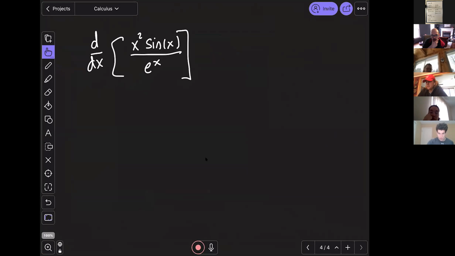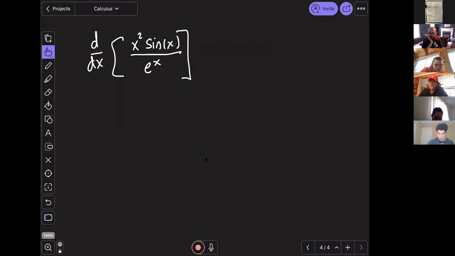And so let's try to think through this one and decide how we would attack it. So what rules do we think we're going to use here? Are we going to use product rule? Are we going to use quotient rule?